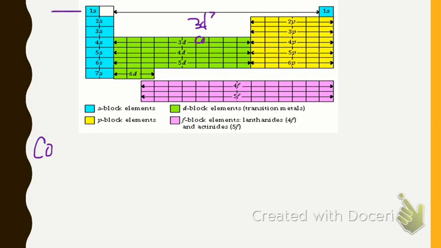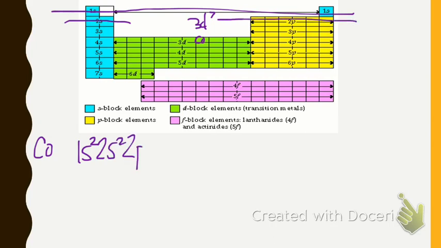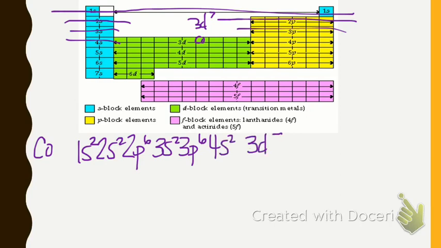I'm going to fill up 1s, so that holds 2 electrons. Then I'm going to go down here and fill up 2s, holds 2 electrons. Keep going, I'm going to fill up 2p, which holds 6 electrons. 3s holds 2 electrons. 3p holds 6 electrons. 4s holds 2 electrons. And then 3d7.